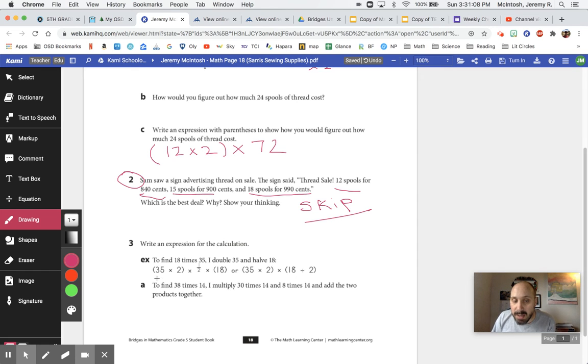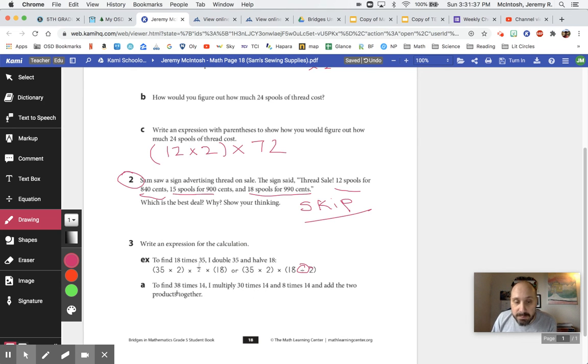So they said, well, I would do 35 times 2, which is doubling, and then I would half 18, half times 18, which is the same thing as half of 18. Or they said they could do 35 times 2, so that doubling, times 18 divided by 2, because dividing means half. Divided by 2 means halving something.